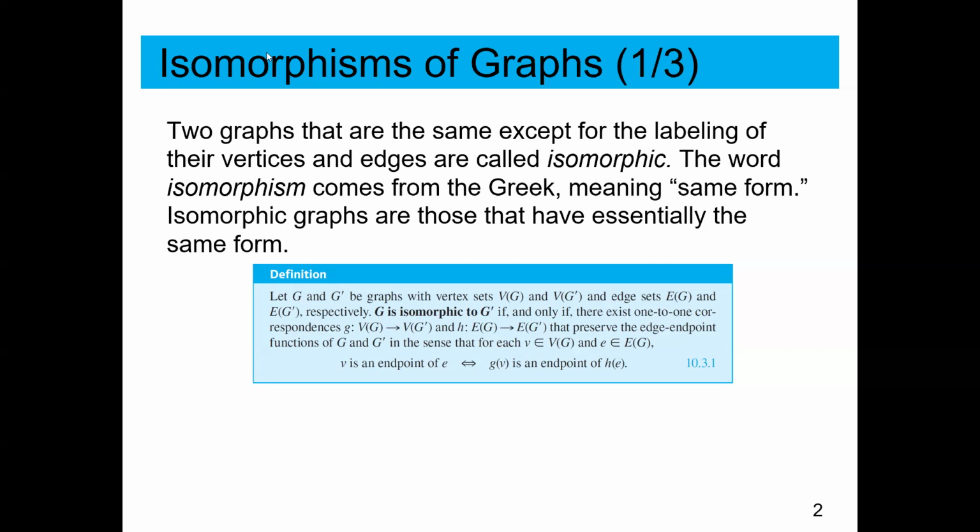Just to give a quick example, I'm going to make a super simple one. I draw this, this, this, and this, and I label them A, B, and C, and I draw this graph over here and label them D, F, and H. You can easily see that these are actually the exact same graph. I just changed the labels.